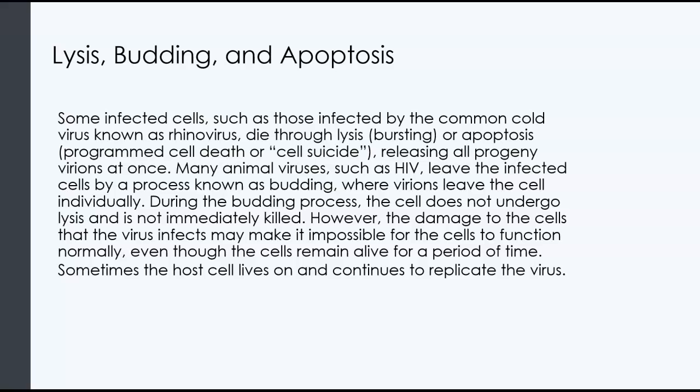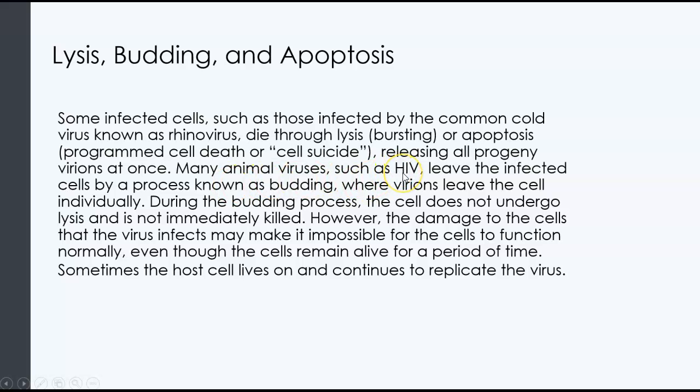In other words, when the cell is infected with virus, the cell itself is going to be killed. It's going to be destroyed. And when the cell lyses or bursts, it releases all of the virions that are inside of it, and it can be hundreds or more. At one time, all of those virions are released, so they can go attack other cells in the same tissue.